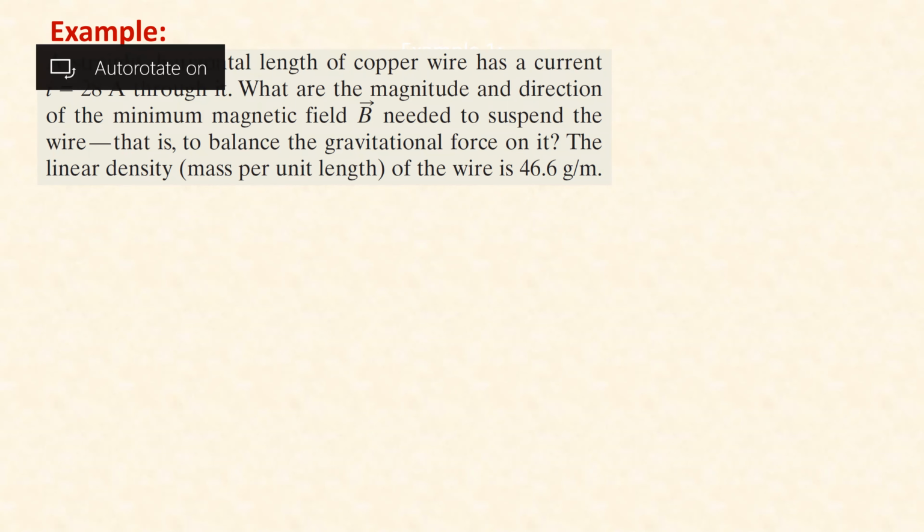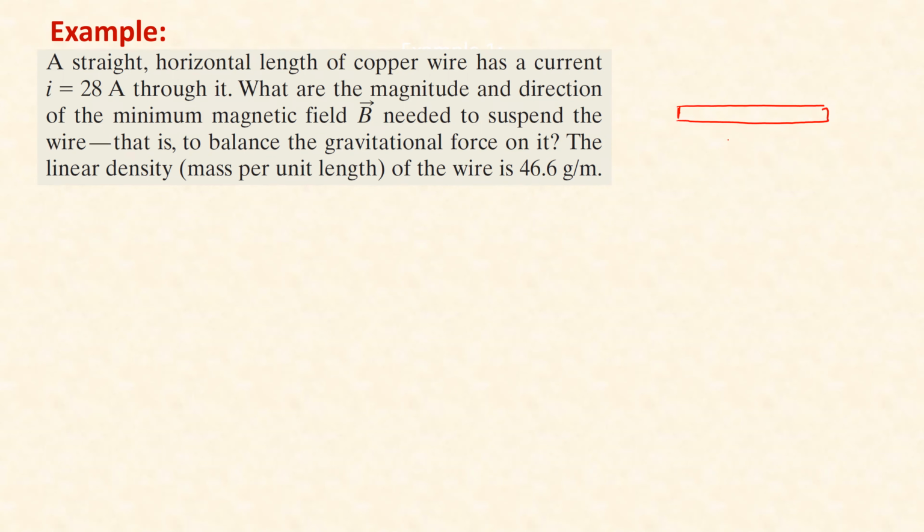So we can draw the situation, draw the figure, and see what we need. Suppose this is the wire. It has a certain length L, and it has a mass, so there's a force of gravity, mg, applied to it, and there's a current.